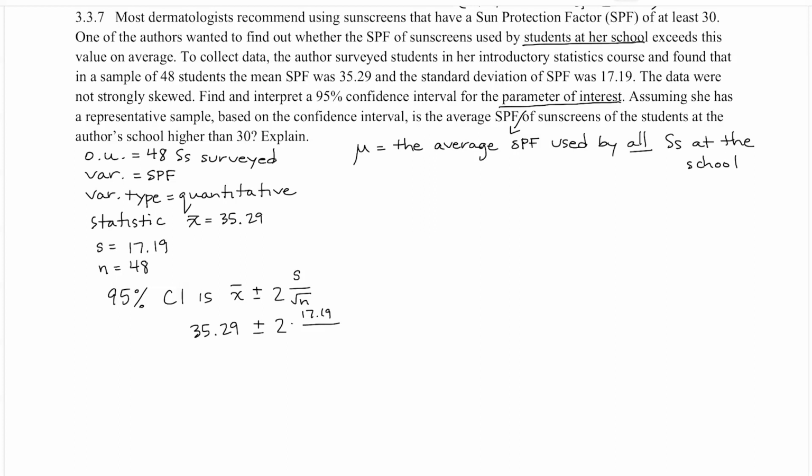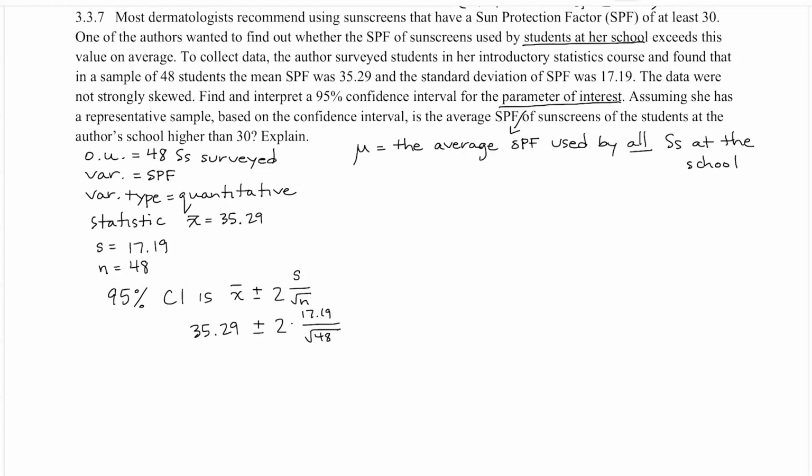So in this case, we're taking the sample mean 35.29 plus or minus 2 times the sample standard deviation 17.19 over the square root of the sample size 48. This is in the form statistic plus or minus multiplier times SE.